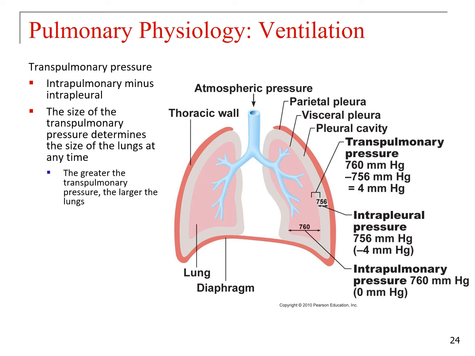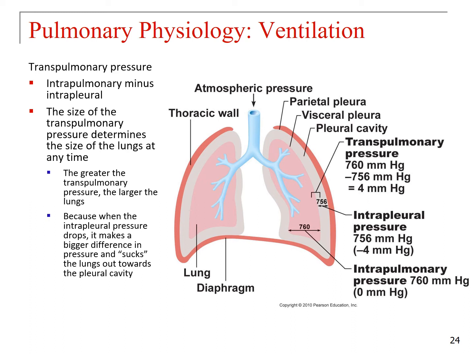So the greater the transpulmonary pressure, the larger the lungs are going to be. The reason is that if the intrapleural pressure drops, it makes a difference in pressure between the pleura and the lungs, and it kind of sucks the lungs out towards the pleural cavity.